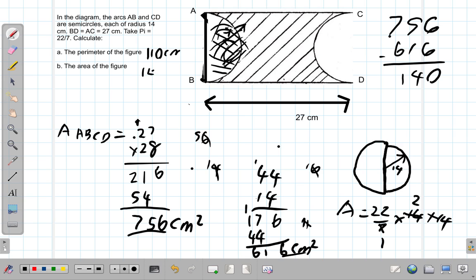So we have 140 centimeters squared left over for the shaded area. Alright, so the perimeter is 110 centimeters, and the shaded area is 140 centimeters squared.